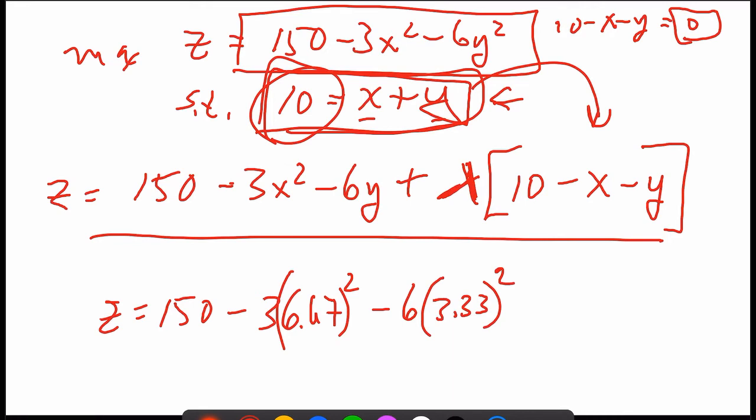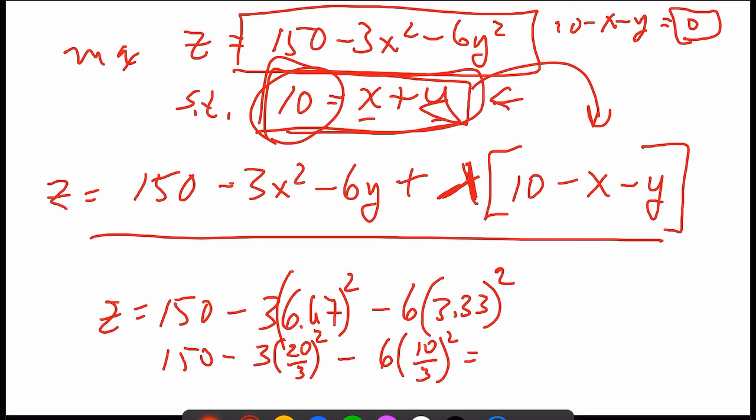So that's 150 minus, we can make that 3 times 20 over 3 squared minus 6 times 10 over 3 squared.